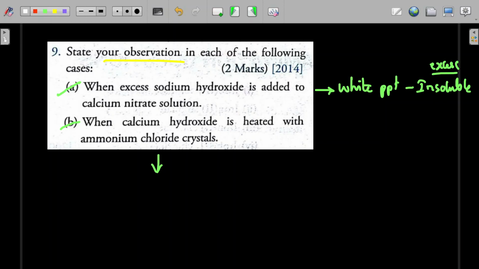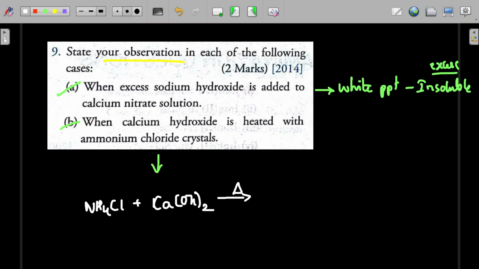What is your observation when you heat calcium hydroxide with ammonium chloride crystals? Are you there? Can you hear me? Yes. Calcium hydroxide is heated with ammonium chloride crystals. No reaction.